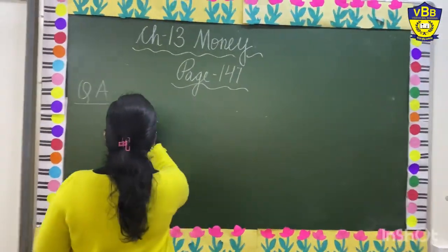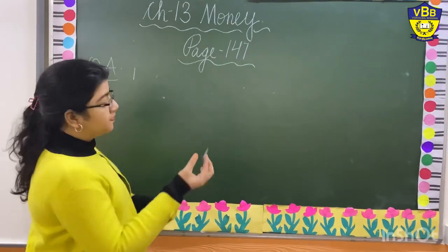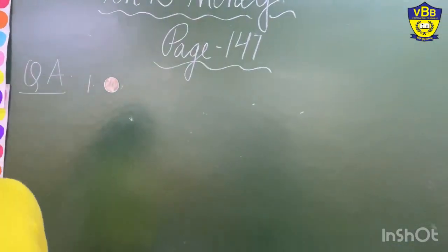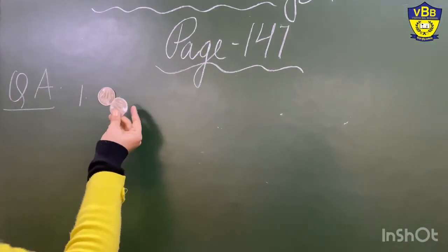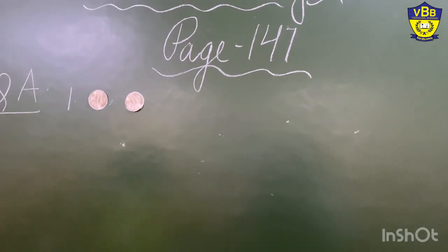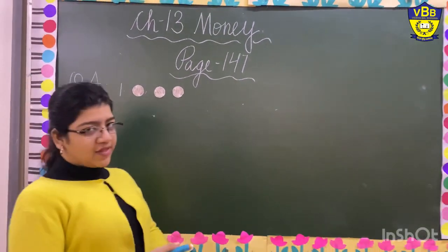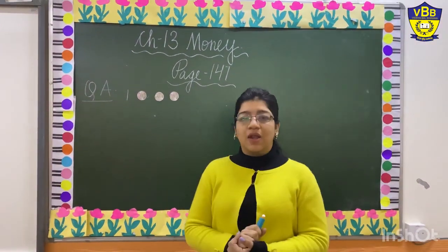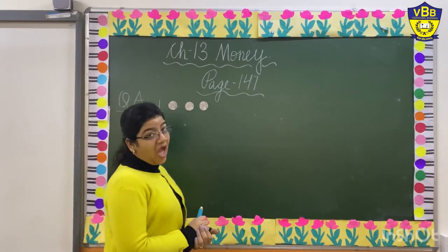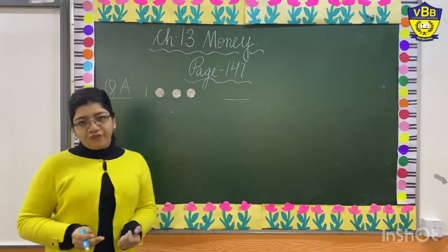First, we have 3 coins of rupees 1. Now we have to find the total amount of money.